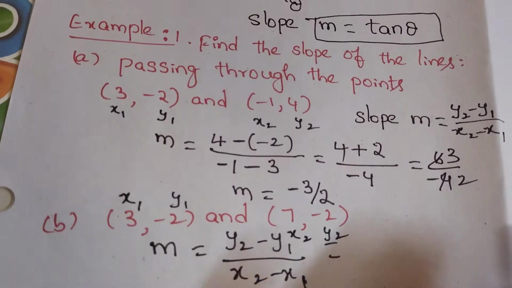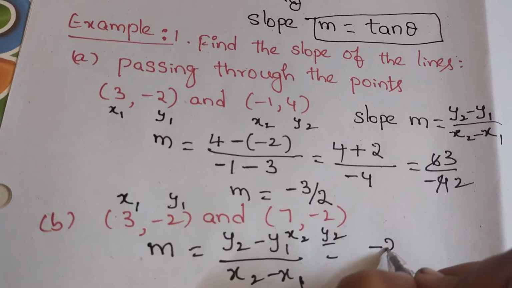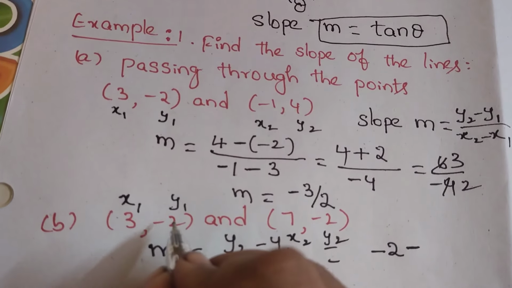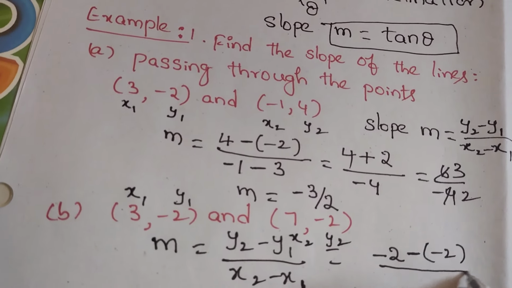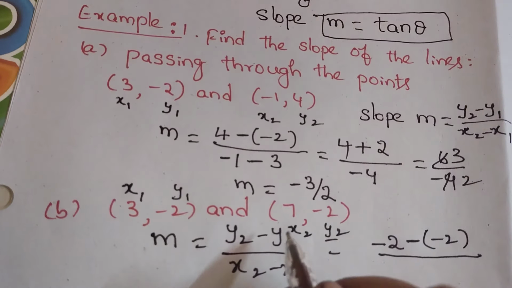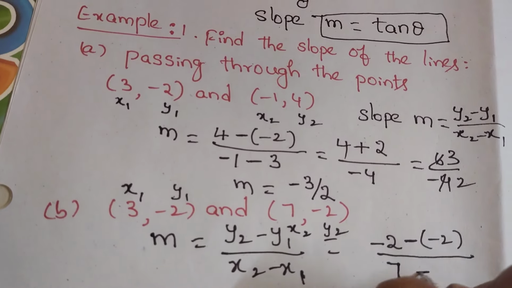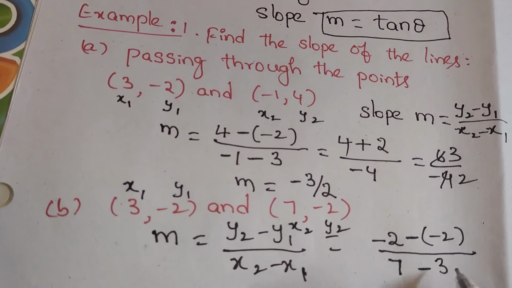Now write these terms in the formula. y2 is minus 2, minus y1, which is minus 2, divided by x2 minus x1. x2 is 7 minus x1, which is 3.